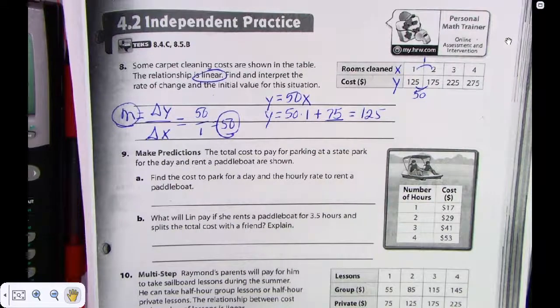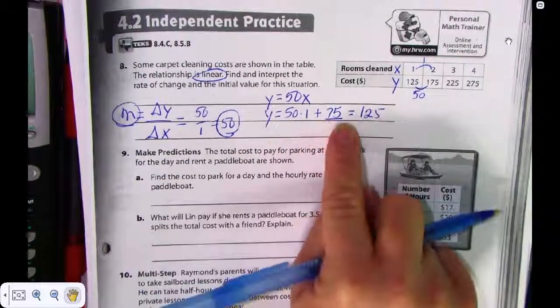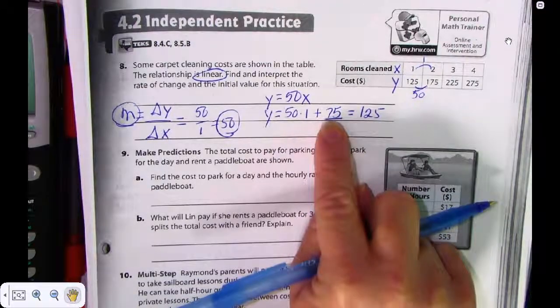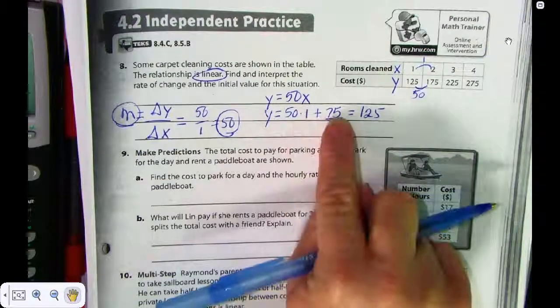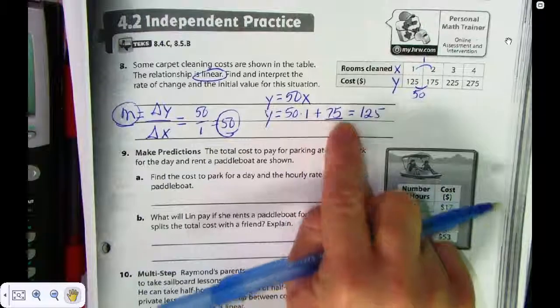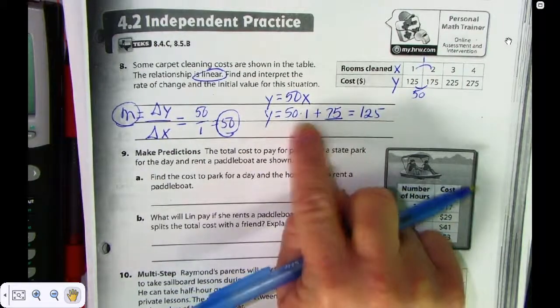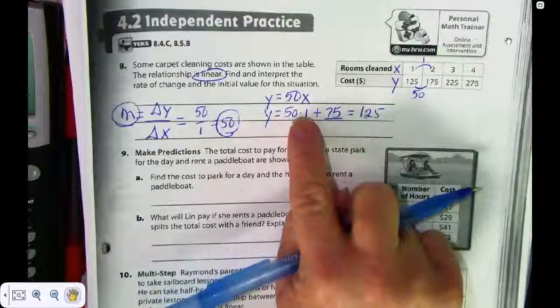Well, it doesn't go up 75. How did he get 75 right there? Good, Sean. 125 minus 50 is 75. The opposite of addition is subtraction. Y'all, you learned that a long time ago. So if I need to know 50 times what plus what is 125, I subtract.